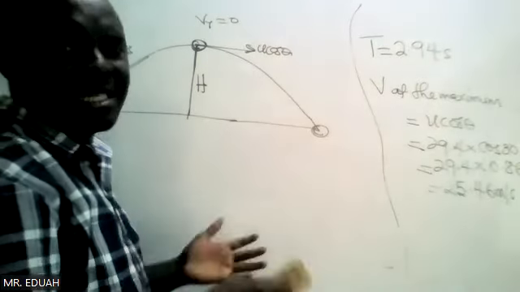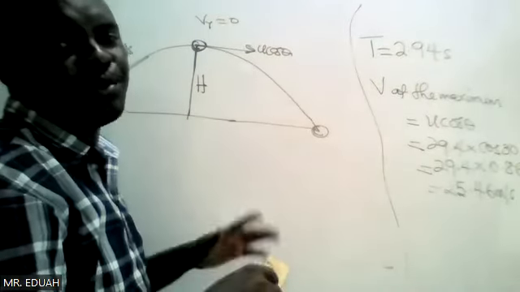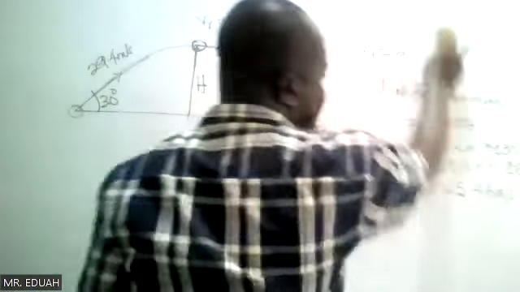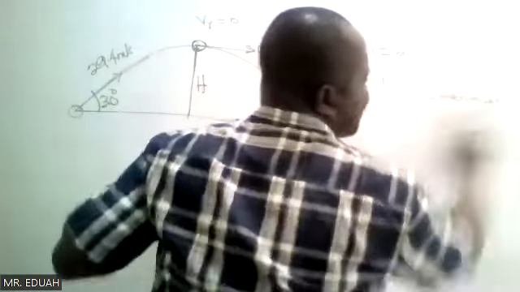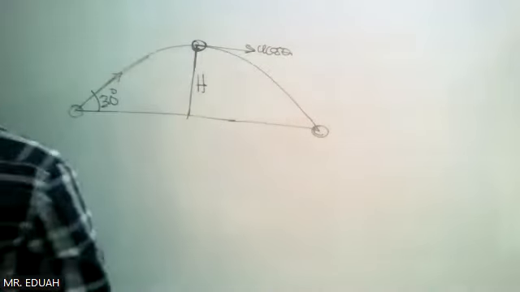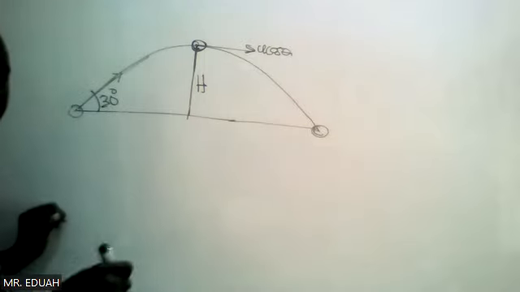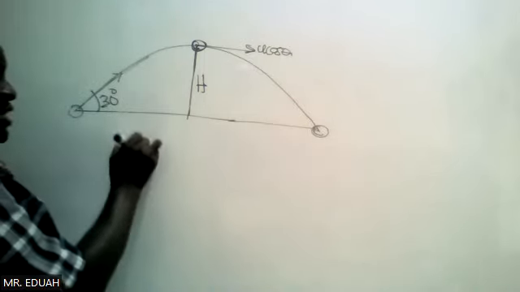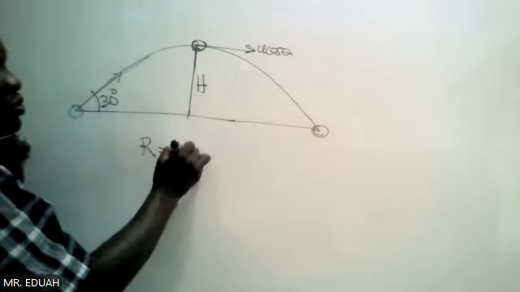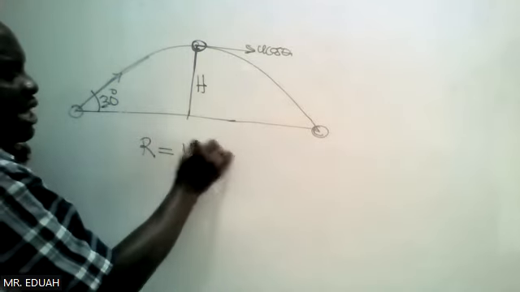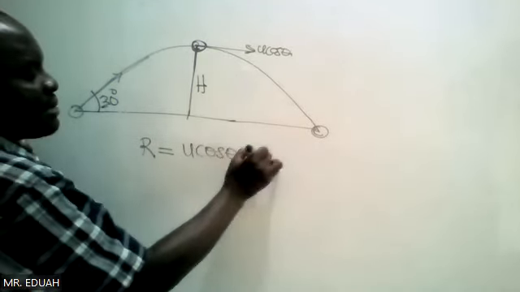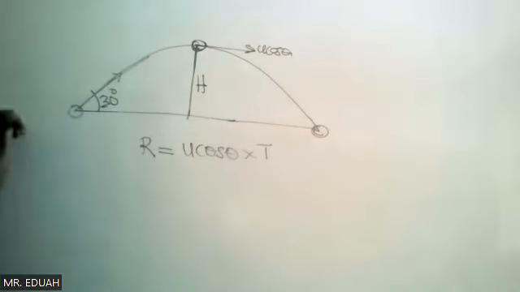So that is the whole nitty-gritty about two-dimensional projectile motion. Now, in the books, there are some other formulas apart from what we have. Range is equal to u cos theta times the time of flight.